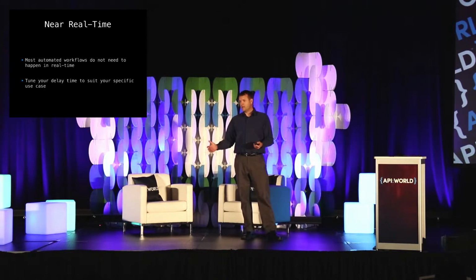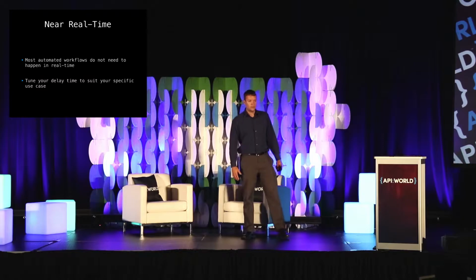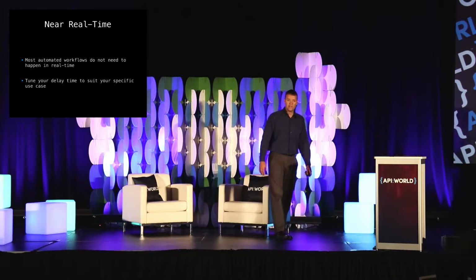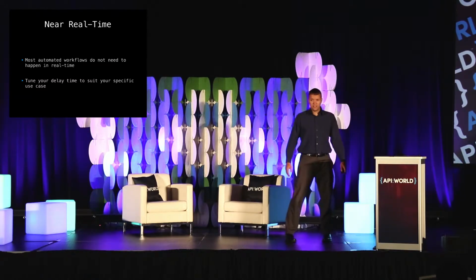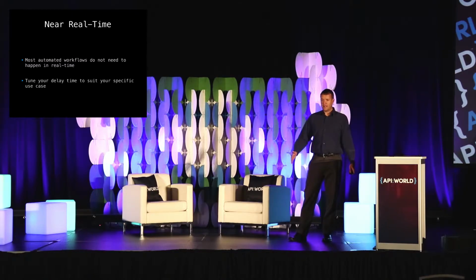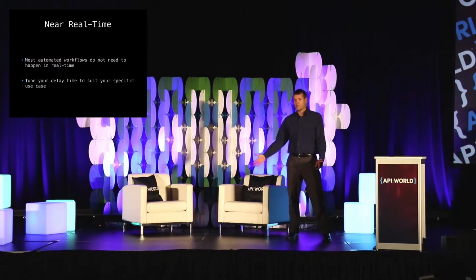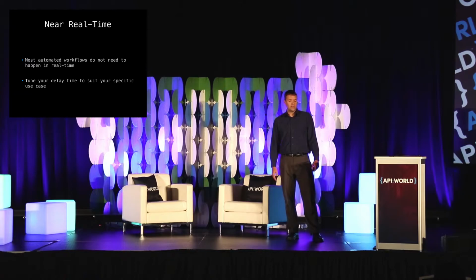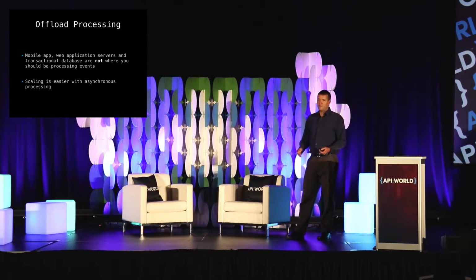And depending on your use case, you can always tune the timing of this to your specific needs. Some companies might want 1 minute delay, maybe you need an hour or even 24 hours, depending on what you're attempting to do.